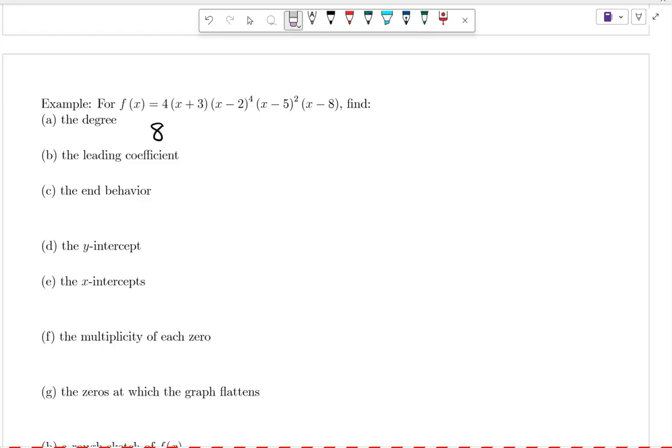Leading coefficient. Leading coefficient again is what? This is the definition of it. Good. It's the coefficient on that highest degree term. Exactly right. It's the coefficient on that x to the 8th in this case, right? So if there's not anything to multiply out here, what would be the coefficient on the x to the first term here? Well, just on the factor.